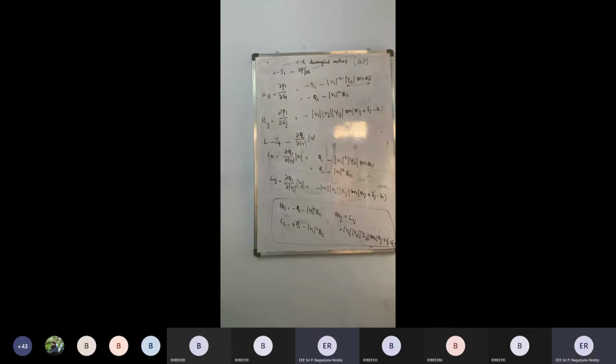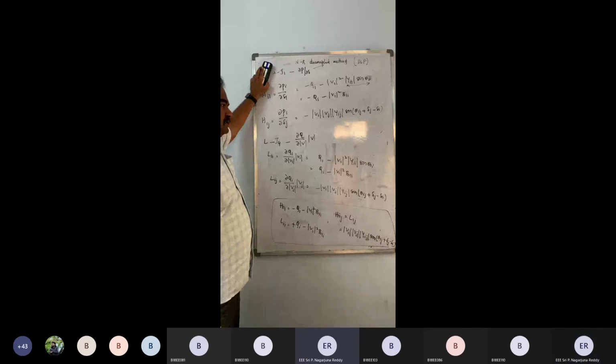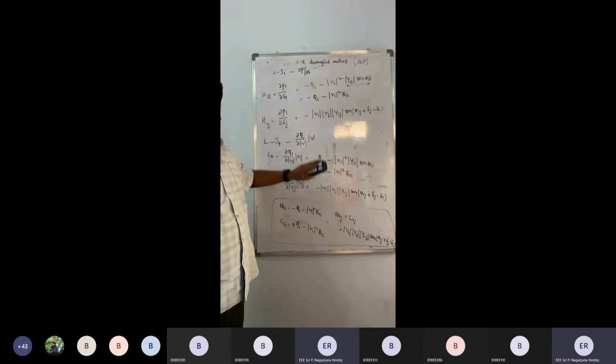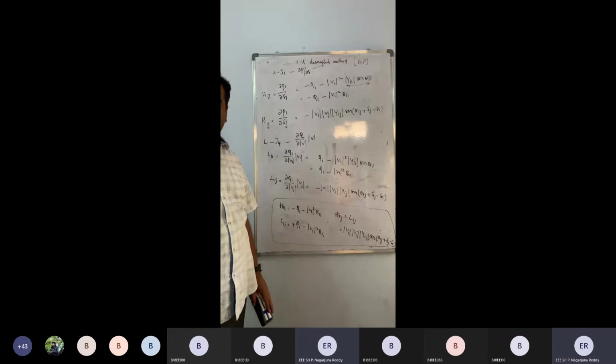So, what are the advantages offered by the Newton-Raphson decoupled method? I hope you have understood what the approximations are and how the number of computations has decreased in the Newton-Raphson decoupled method.